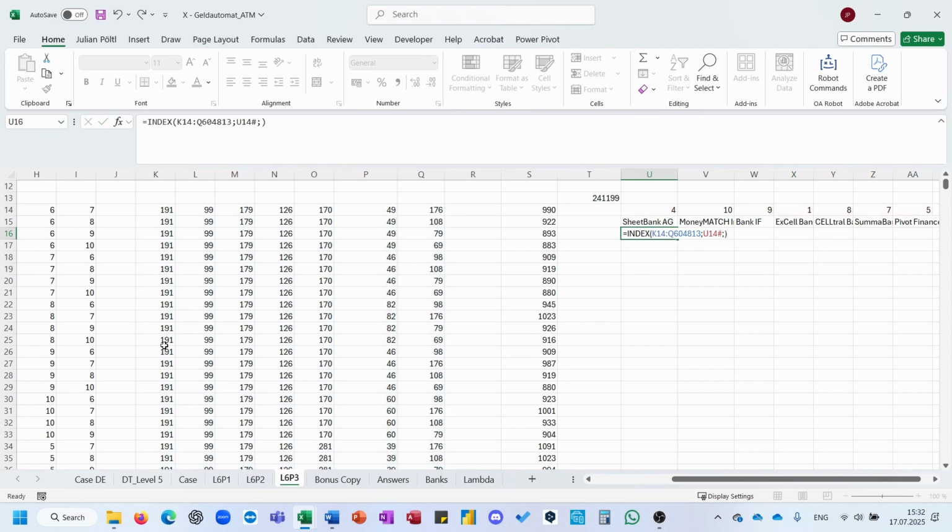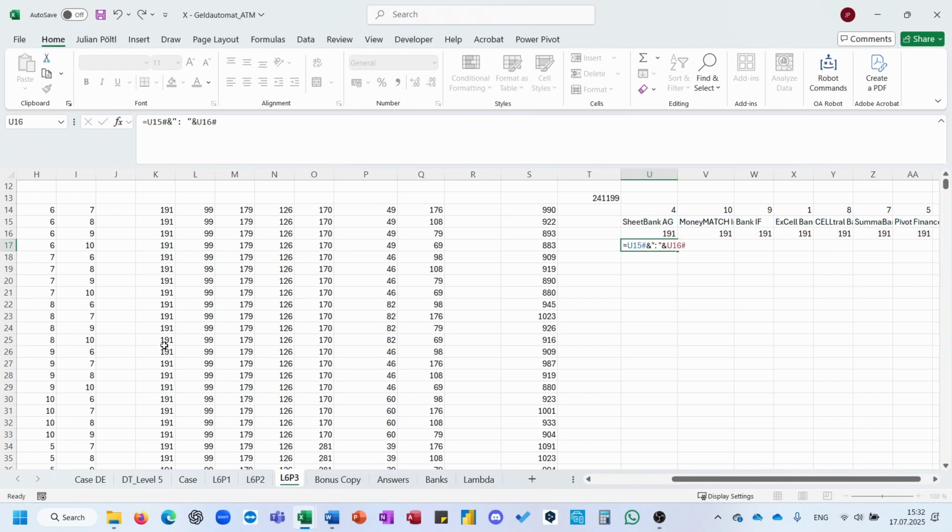I want to have the whole row. And then it's calculating this and this.